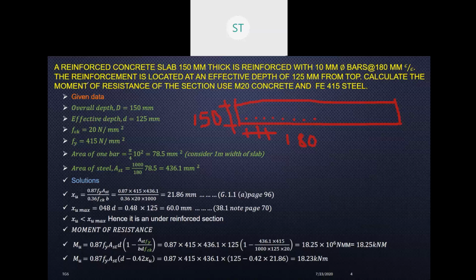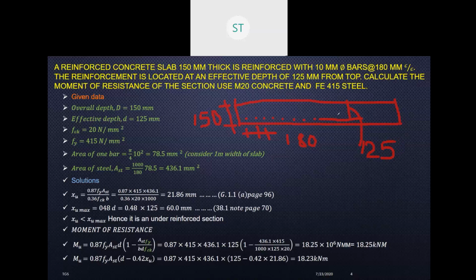And the reinforcement is located at the effective depth of 125, that is, from the top to the center of the bar. This distance is 125.